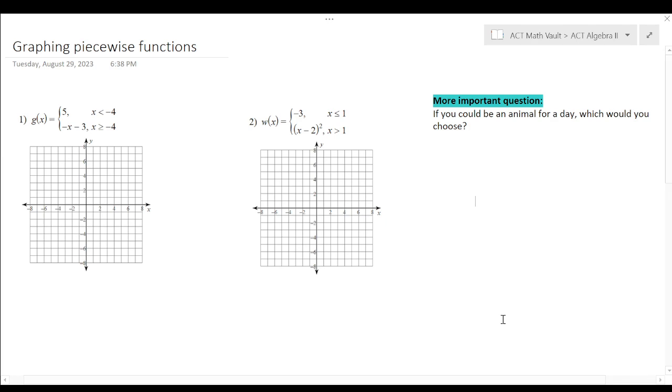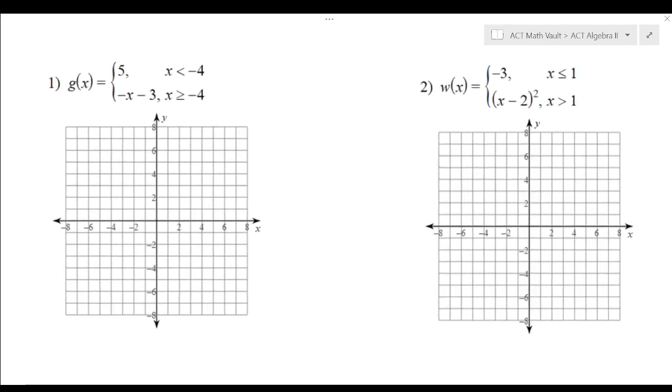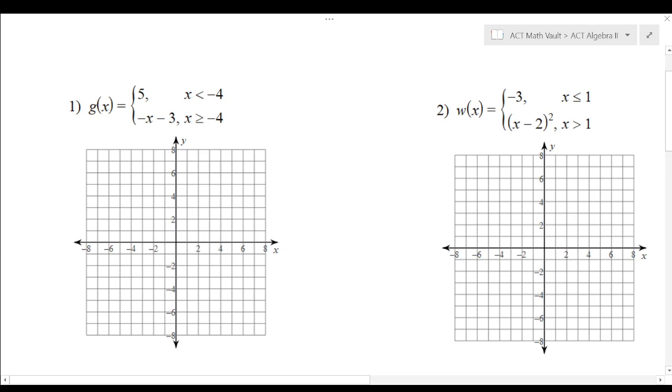Okay, so in this first one, we have a constant function, the 5, with a linear function, the negative x minus 3. So what a piecewise function tells you is that there are two cases here, or 3 or 4 sometimes, but 2 in these two problems.